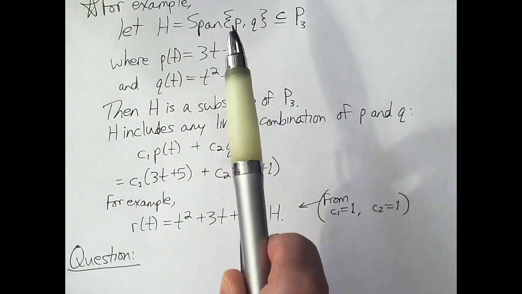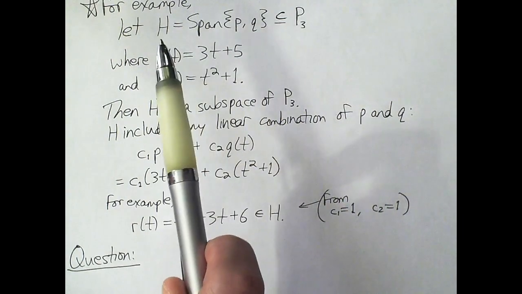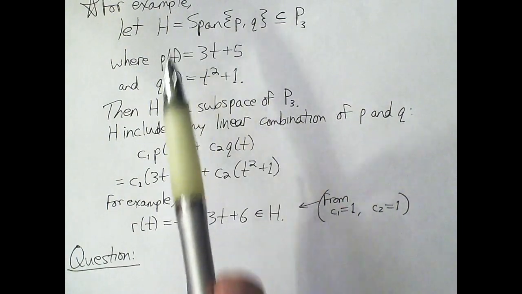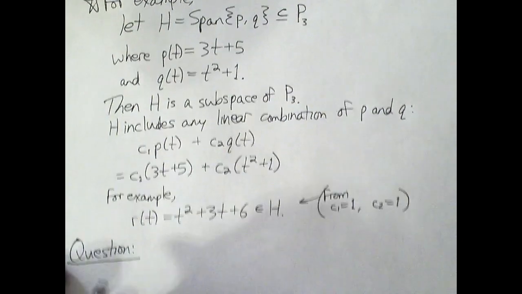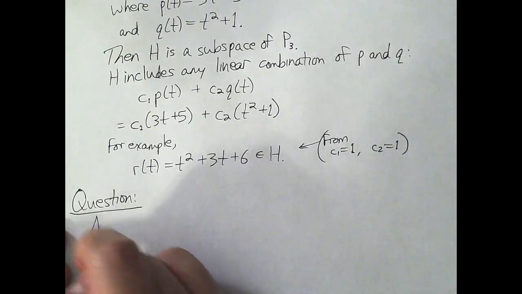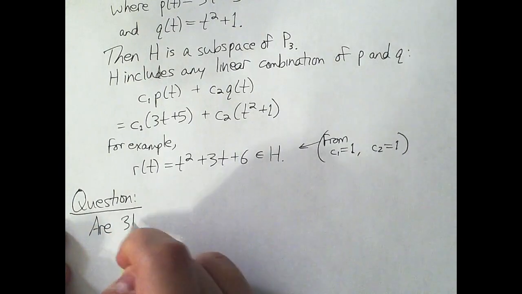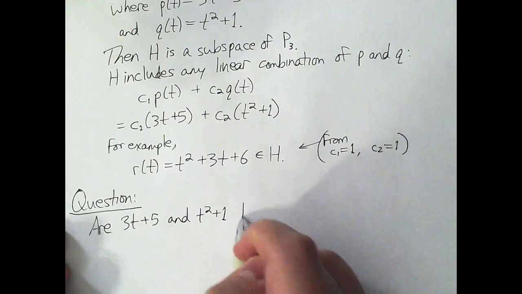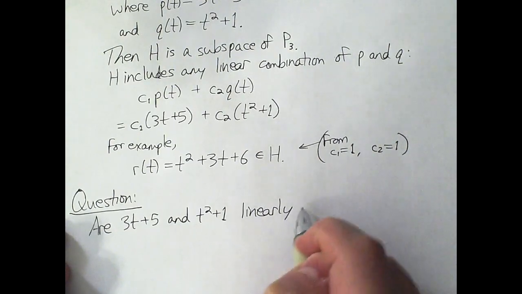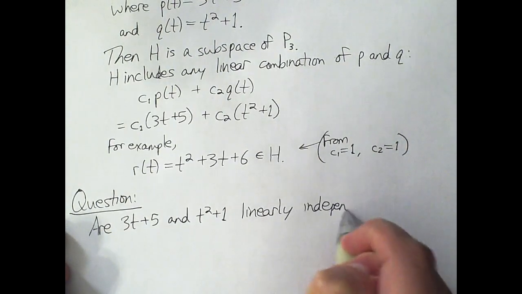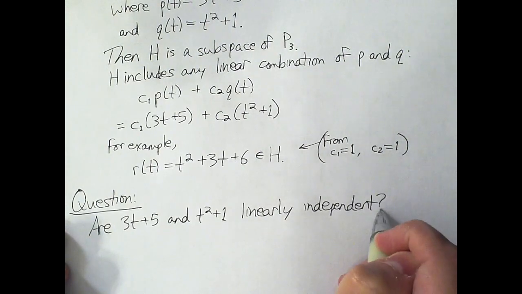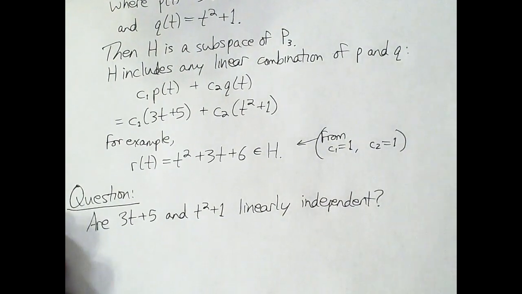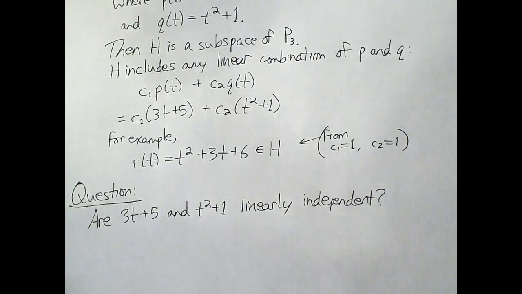I guess P and Q have to span H, and they do span H. The other requirement, which I'll write down here as a question, are these two polynomials linearly independent? I know it seems weird, right? We're asking about linear independence, but the objects that we're considering are not vectors in the traditional sense. They're vectors in this more abstract sense.